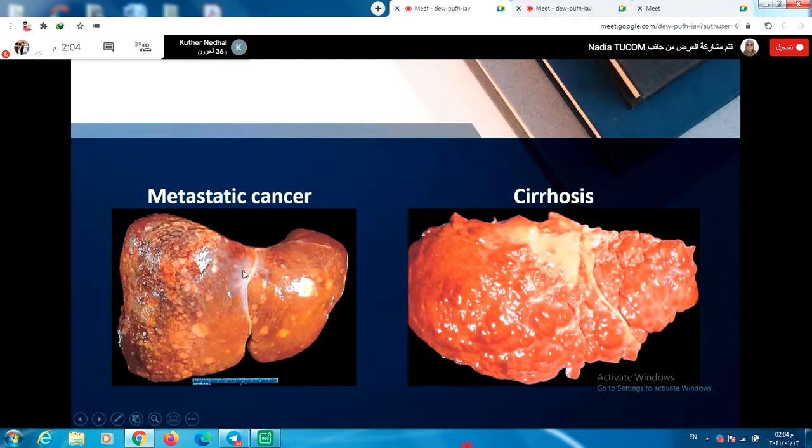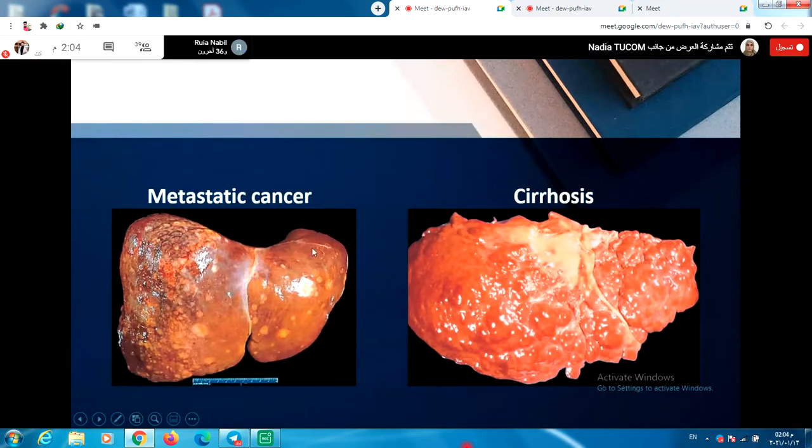On examination of the liver in metastatic cancer, there are uninvolved smooth areas in between, with scattered, frequent nodules, whereas in cirrhotic liver, the liver is completely replaced by regenerating nodules, one adjacent to the other.